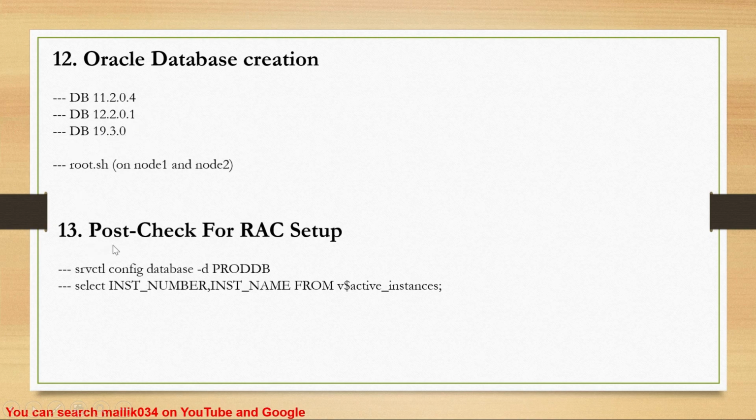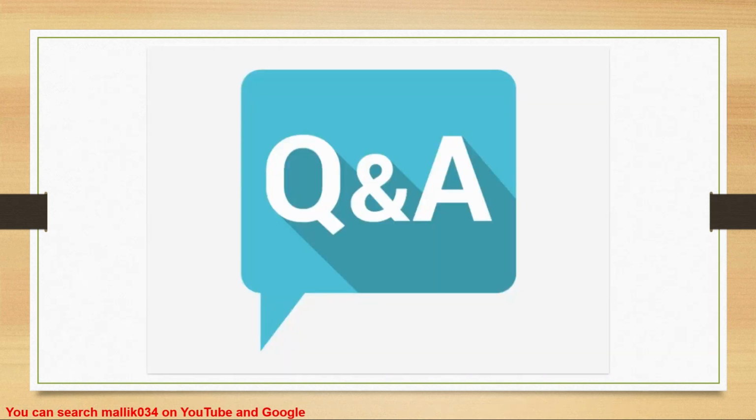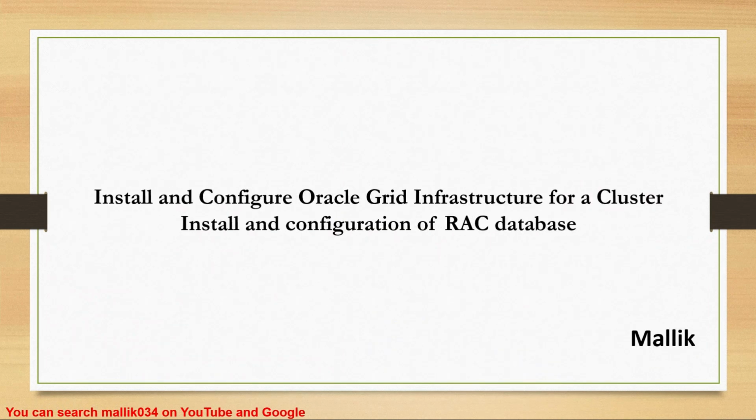And once the database is ready, I'm going to do some post checks like configuring your database and listeners, adding listeners to the cluster, and then verifying your active instances, everything. I'm going to do some post checks, and that concludes a complete understanding of grid infrastructure software installation and configuration, and database installation and configuration for any Linux box or any grid infrastructure versions like either 11g, 12c or 19c.